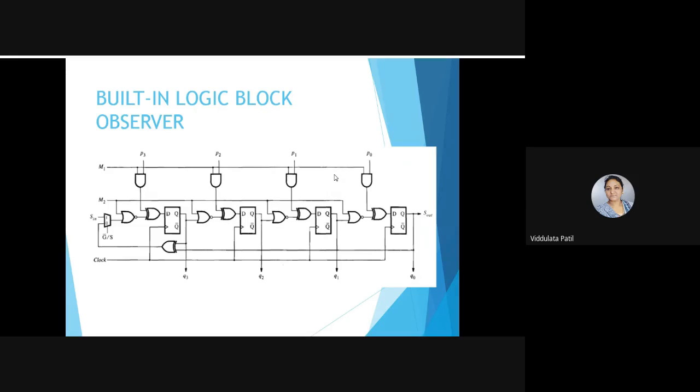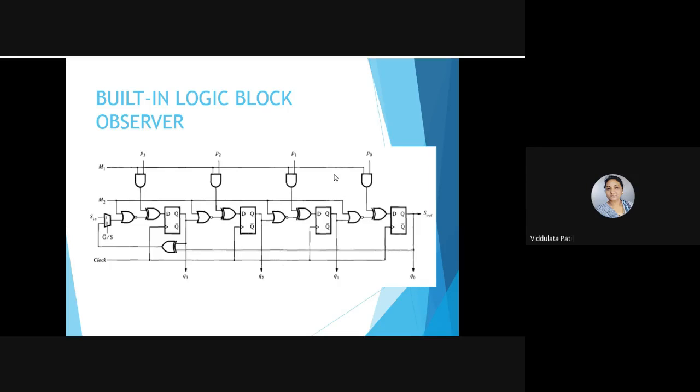Now let us discuss the built-in logic block observer. Okay, as we have discussed, BIST, that means built-in self-test, has the internal capability of generation of tests. And then after that, we can compress this test pattern using a SIC or MIC, depending on the number of inputs that we have.